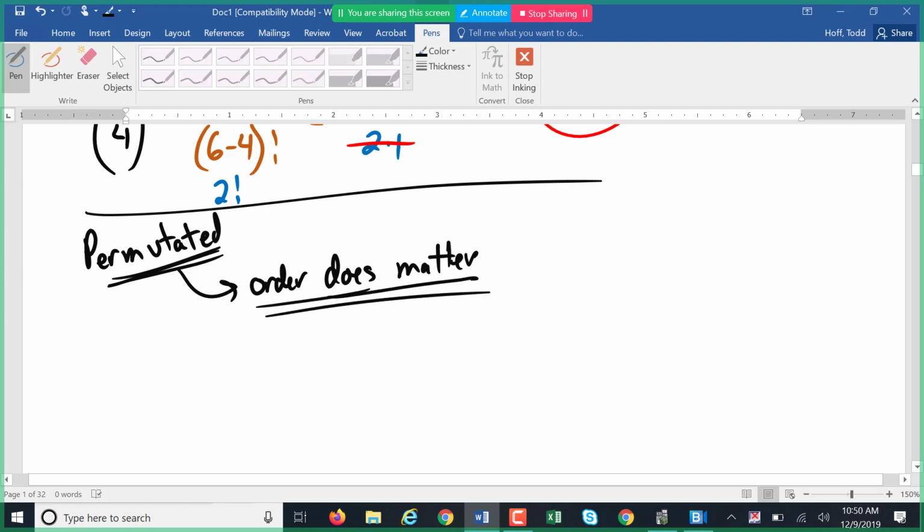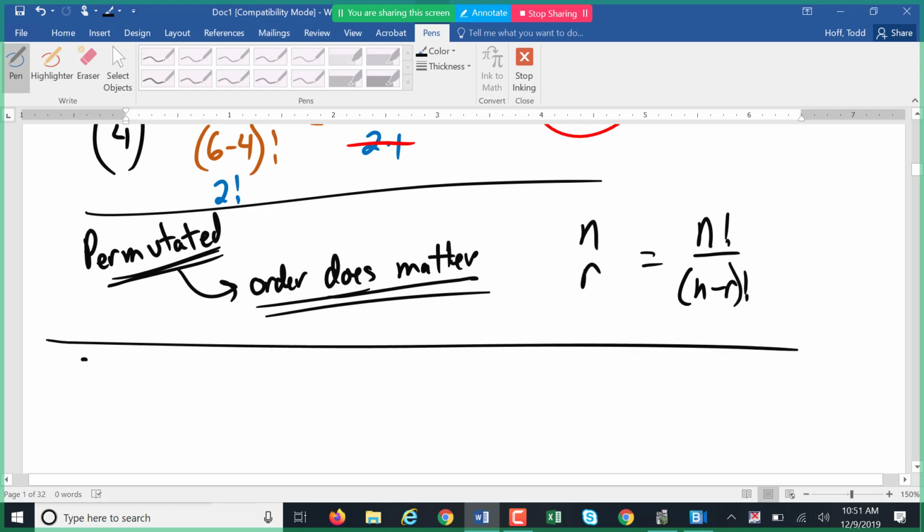I presented these in the backwards order from what I wanted to. So this is when the order does matter. We use that formula as we saw, n r being n factorial over n minus r factorial. So if it's a combination where order does not matter, we'll clean up the notation again on Wednesday when we talk about these in more detail.